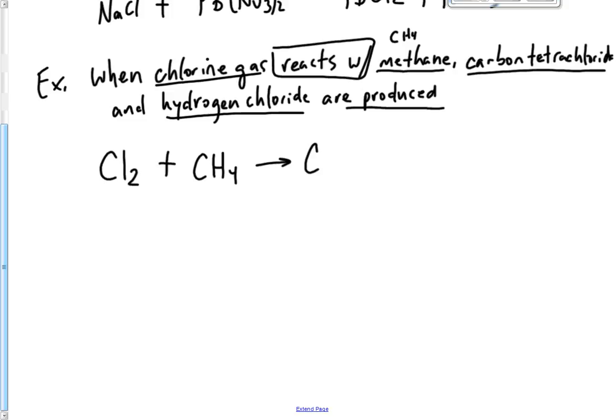So carbon tetrachloride, carbon and then 4 chlorines, plus hydrogen chloride is HCl. There's your formula, and there's your equation. All you have to do is balance it. So it shouldn't be super difficult.